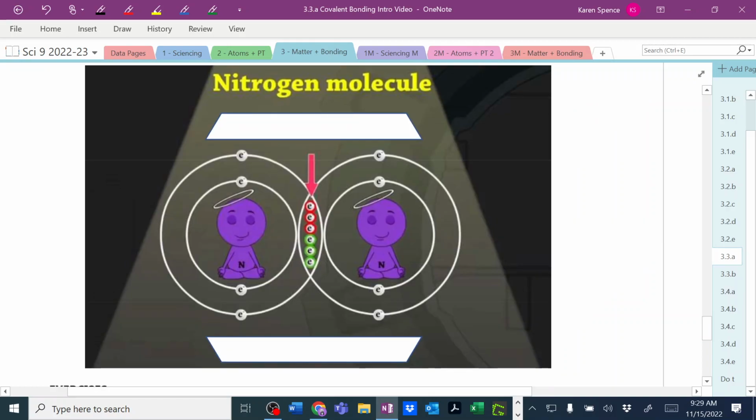Oh, this is a nitrogen molecule. We have 3 shared pairs of electrons.